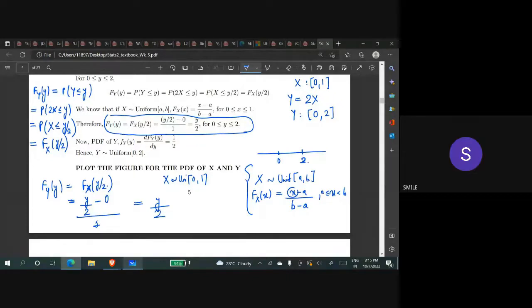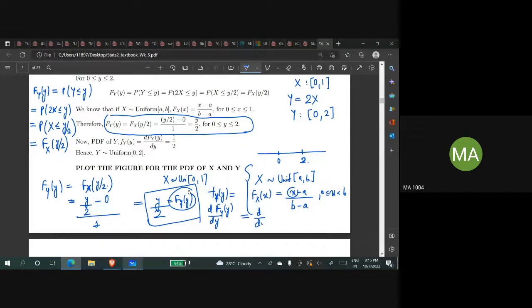Is this clear? Could you repeat the last part? The last part is differentiating? Yes. So you found Fy of y, this is your CDF, Fy of y is y by 2. And if you have to find the PDF, fy of y, what you will do? You will differentiate capital Fy of y with respect to y. And what is Fy of y? You have y by 2.